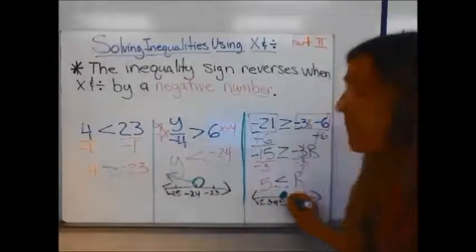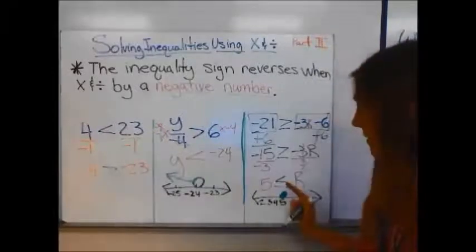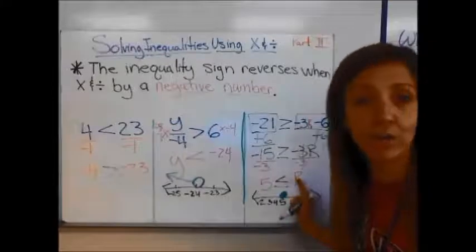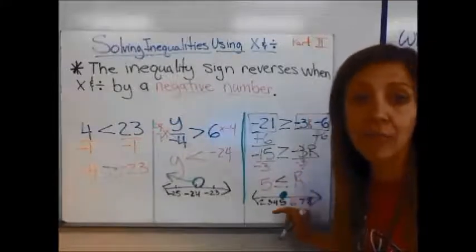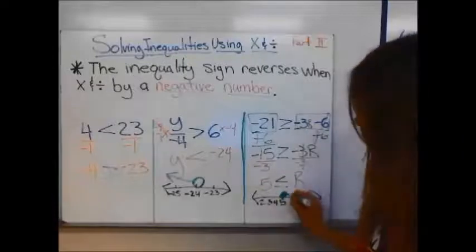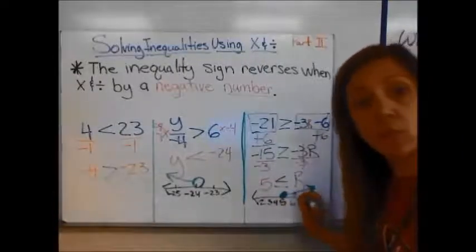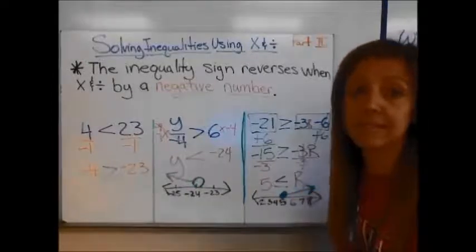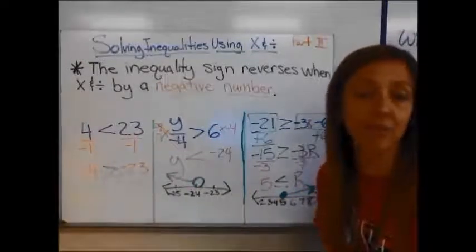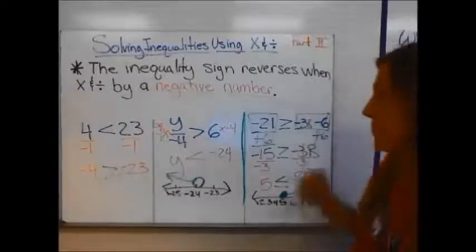So closed circle above the 5, and my arrow is going to point towards everything that's greater than 5. Since my variable is greater than 5, my arrow has to point to everything that my variable could be, which would be to the right of 5. My variable could be 5 because of the or equal to symbol, could be 6, 7, 8, 9, and so on because of the greater than symbol.